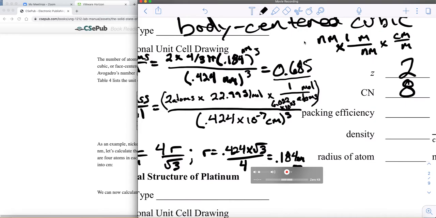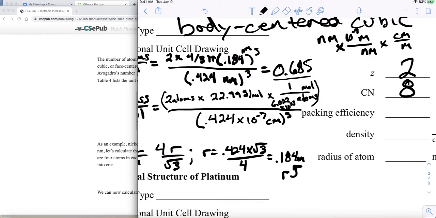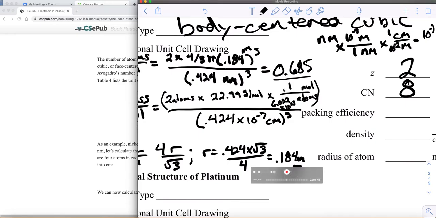In the case of meters, there's 10 to the minus 9 meters in 1 nanometer. For centimeters, 1 centimeter is 10 to the minus 2 meters. And so we end up with 10 to the minus 7 in terms of our units for the centimeters at the end. So whatever we had in nanometers, we're multiplying it by 10 to the minus 7th to get it to centimeters. And that's what I showed here.